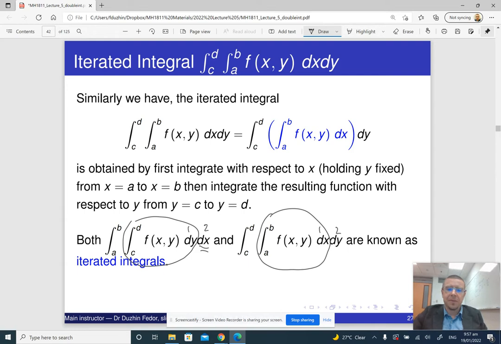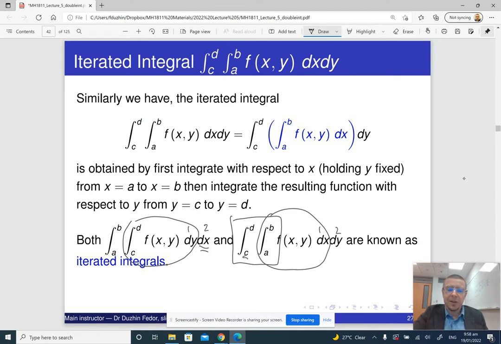So when you write dx dy, the order is the order in which we are integrating. If it is dx dy, then we are integrating with respect to x first and then with respect to y, right? And the limits of integration: here the order is reversed.